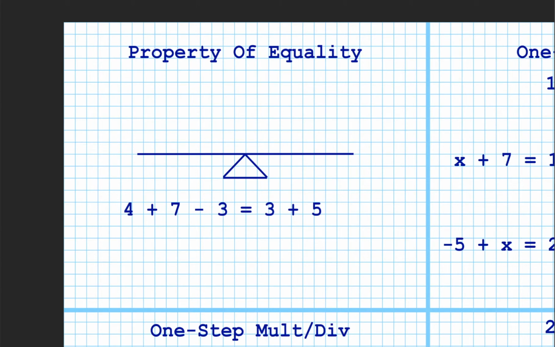But I think the best way to understand the property of equality is first by taking a real-world example. And that real-world example is a seesaw. Most of us have seen seesaws, and if we haven't seen seesaws in real life, we've likely seen them depicted in cinema or in cartoons of some nature.